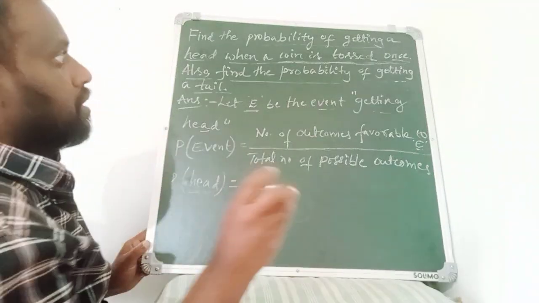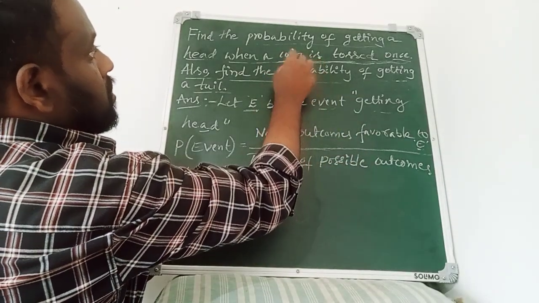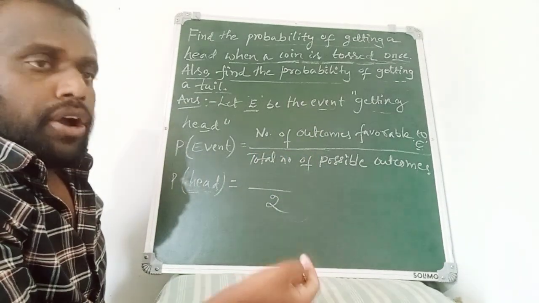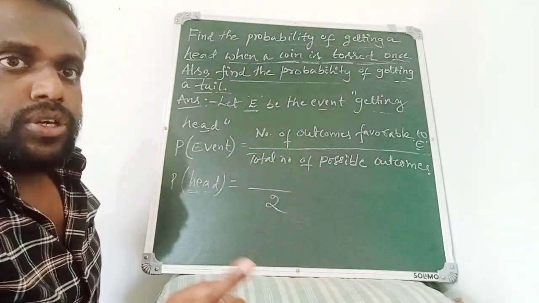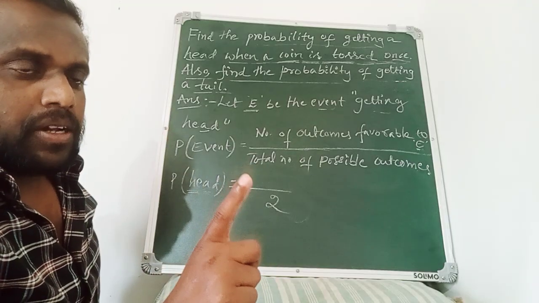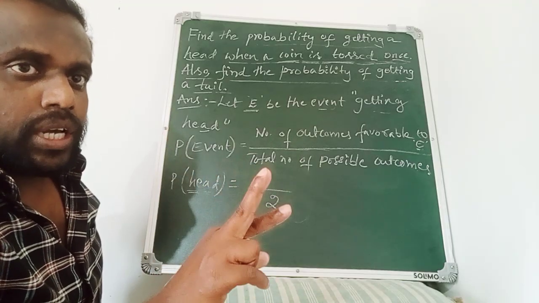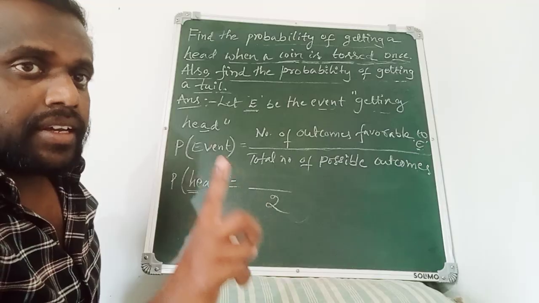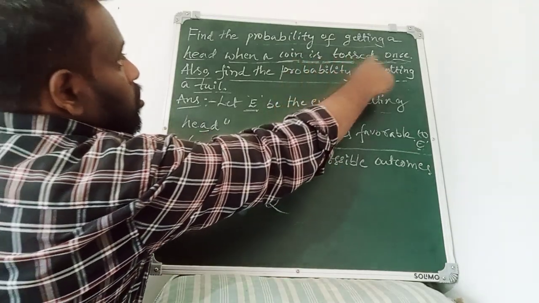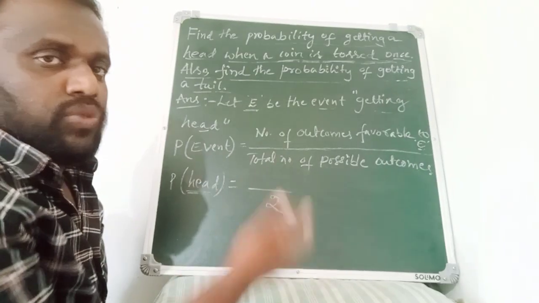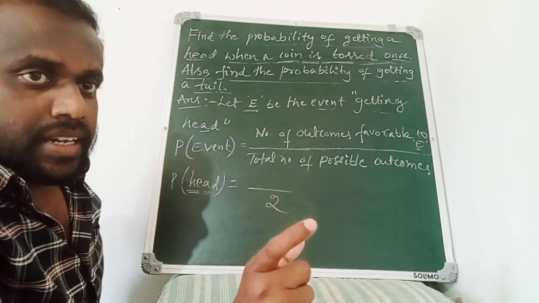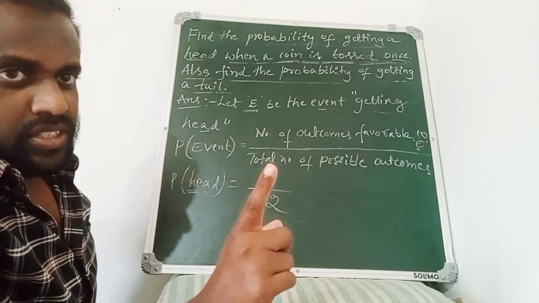But this is very important here. In the question they say the coin is tossed once. When a coin is tossed only once, we can get head only once. If a coin is tossed two times, we can get head two times. Here they are saying the coin is tossed only once, so we can get head only once.